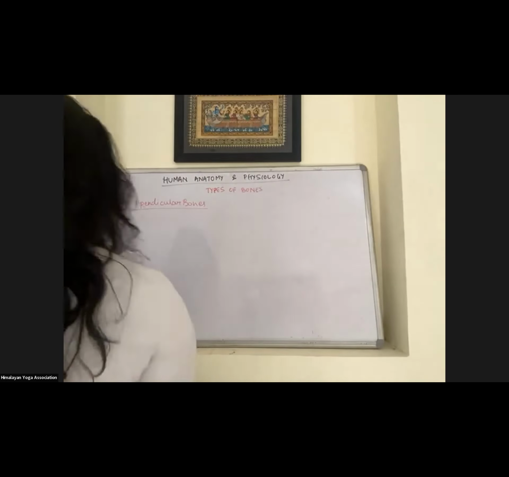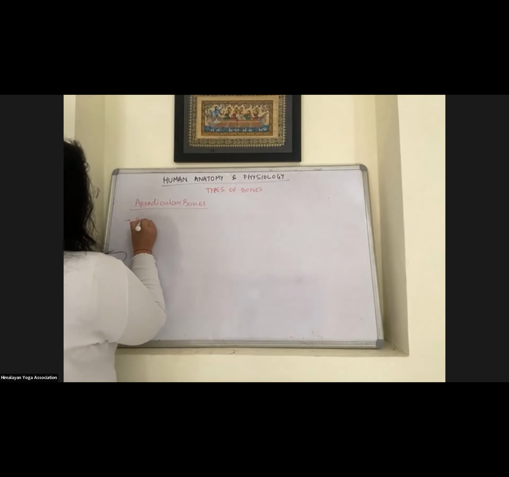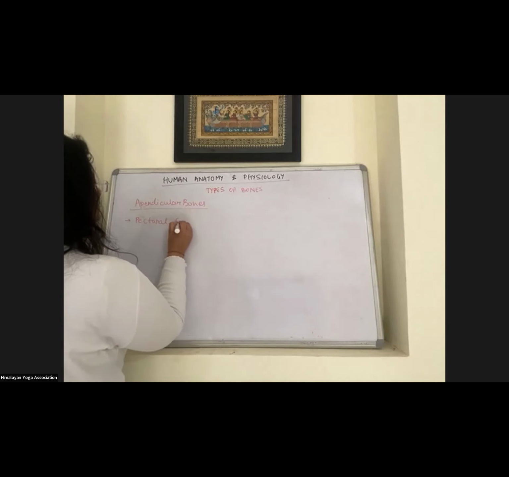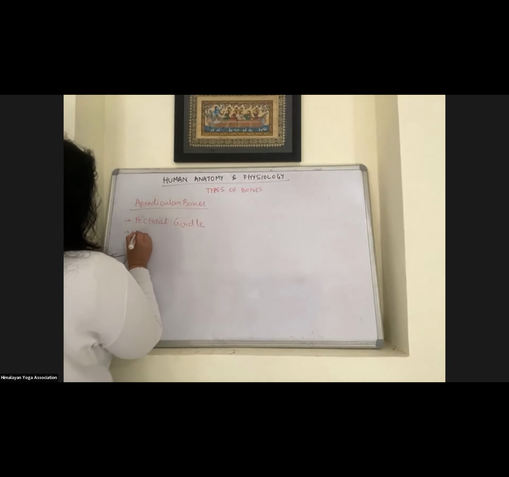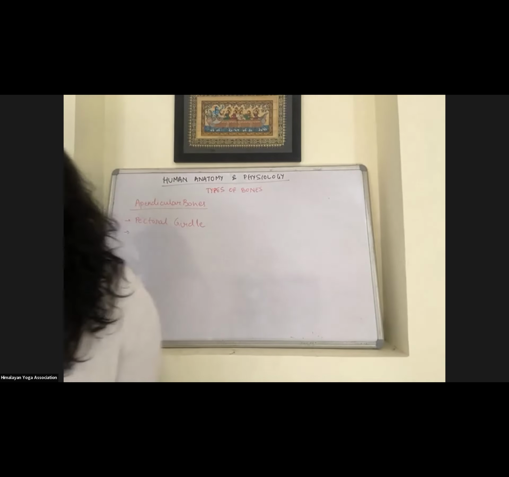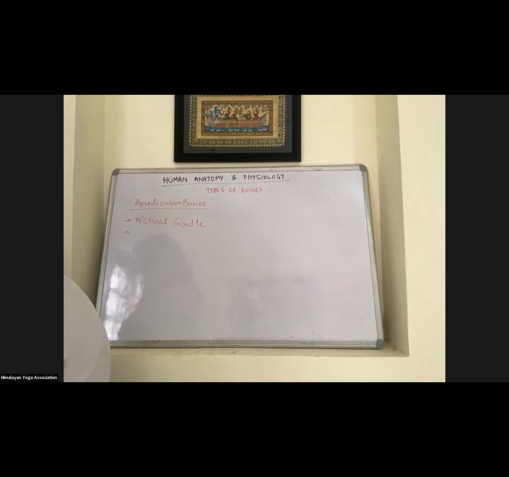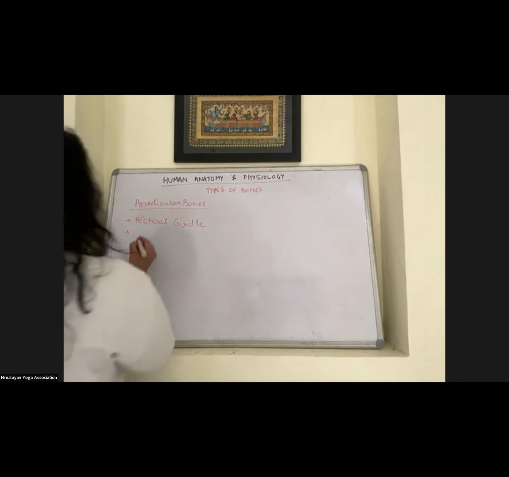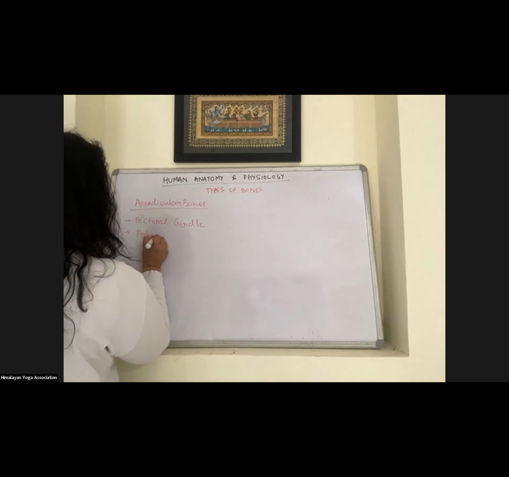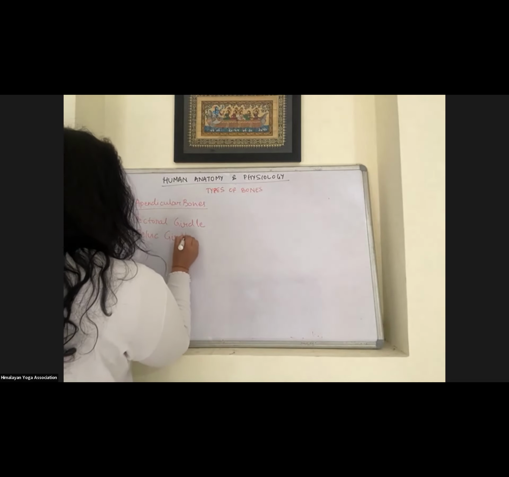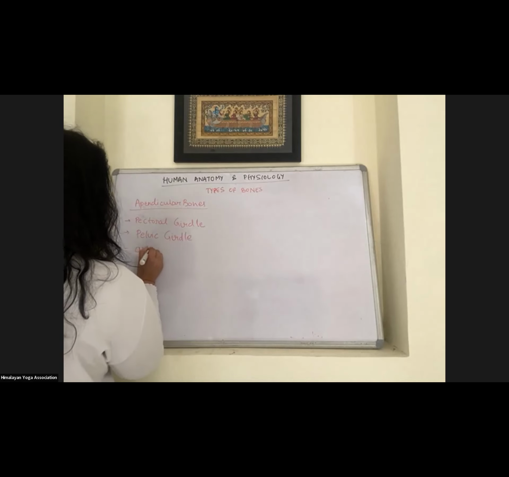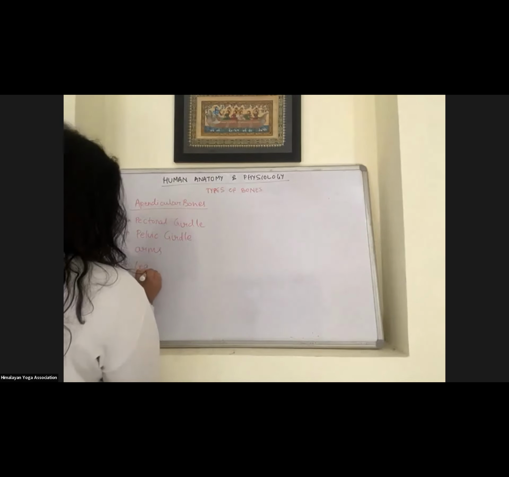Yes, appendicular bones. In appendicular bones, we have four things. We have pectoral girdle, then we have pelvic girdle, then we have arms and we have legs.